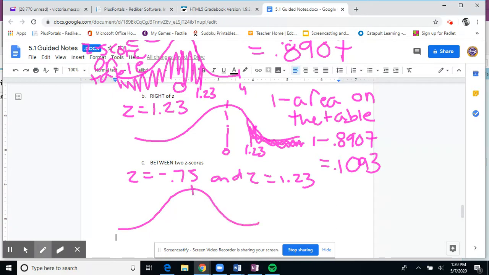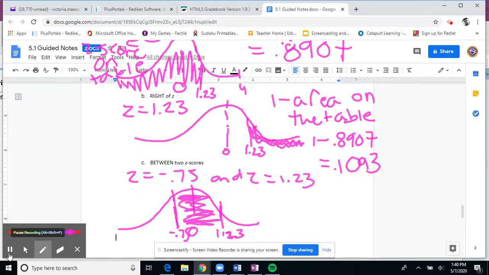To draw that, here's 0, here's our 1.23, and negative 0.75 on the other side. So we're going from here to here, and we want this area. So we want to the left of 1.23 and to the right of negative 0.75, so that middle area.